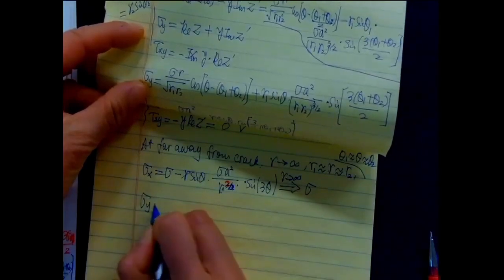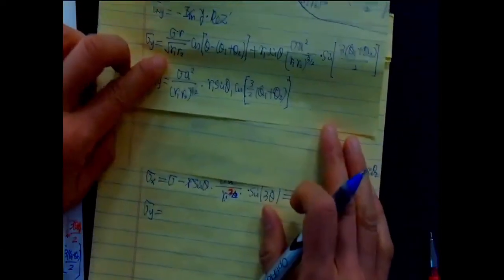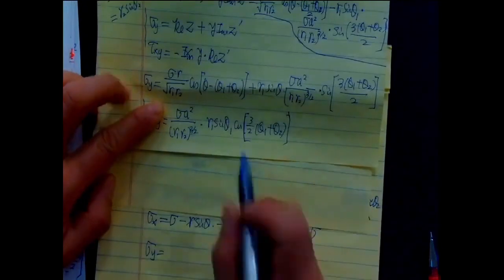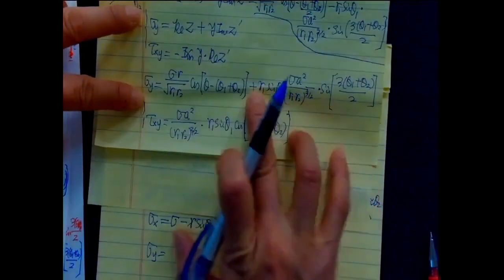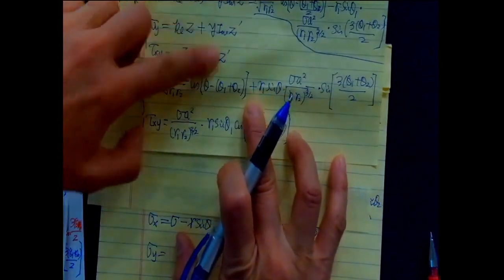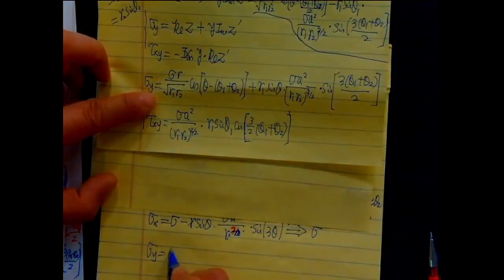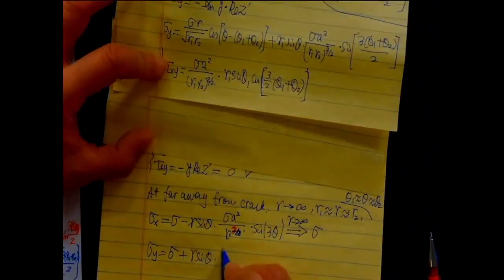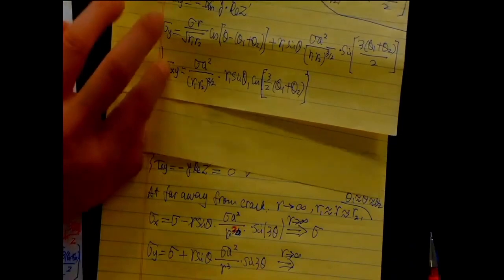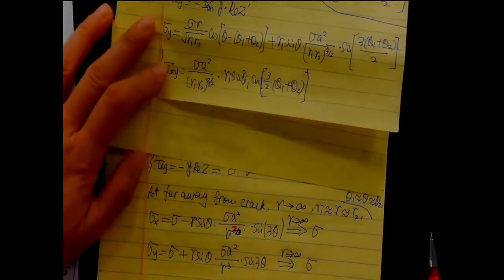So your sigma y is the same for the first term. Actually, in this case, sigma x and sigma y are very similar, except one is minus, one is plus. So here you basically have a sigma plus all these terms. And again, as r goes to infinity, the last term goes to 0, so that goes to sigma.